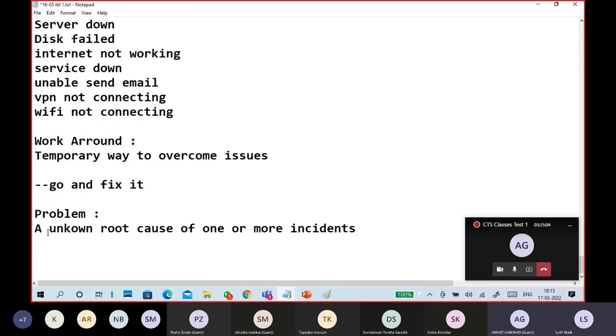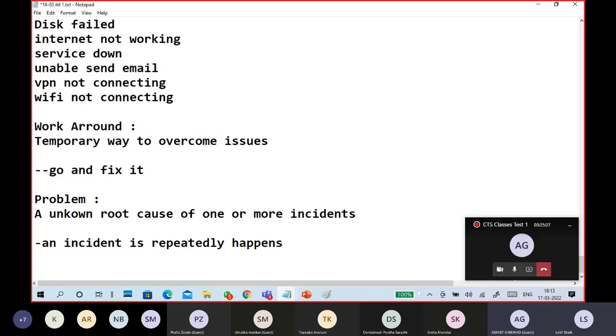A problem is the unknown root cause of one or more incidents. Meaning an incident happens repeatedly, or you need to find the root cause of it: why it happened.